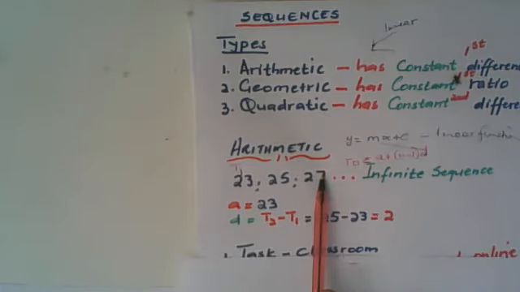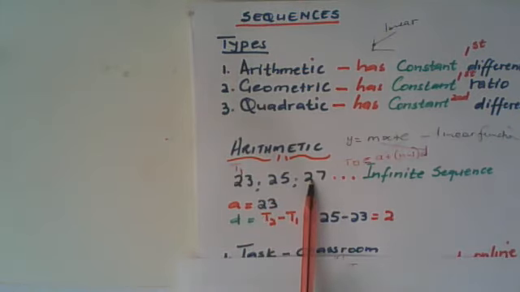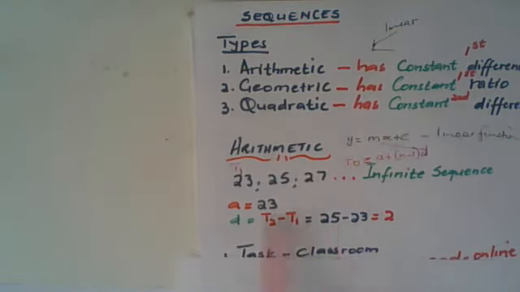On your examination paper, you are going to get this, and please listen to me because I know what I'm talking about. You'll be given 23, 25, 27, and the first question will be, write down the next 3 terms. The question says write down, so don't show your calculations.